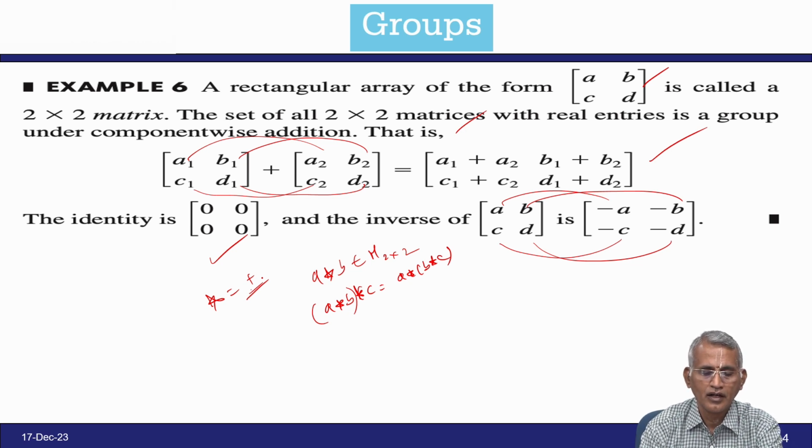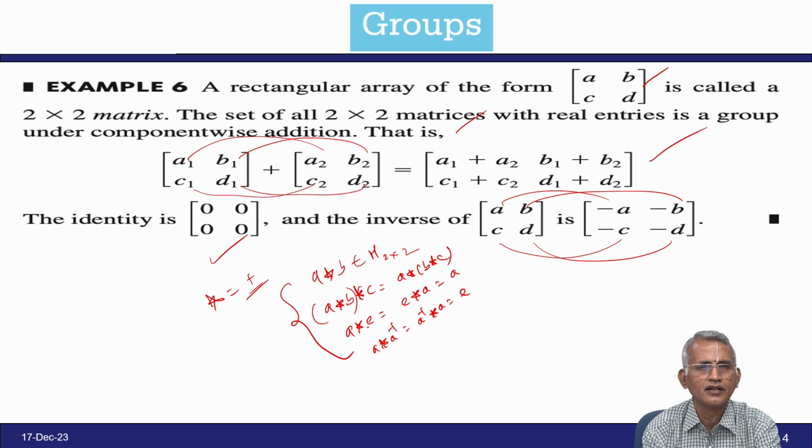Therefore, you have to do it with the help of these axioms. A star of E equals E star of A equals A, and then A star of A inverse equals A inverse star of A equals E. So, if it satisfies these 4 properties, then it is said to be a group. I hope all of you can understand simple matrix multiplication.